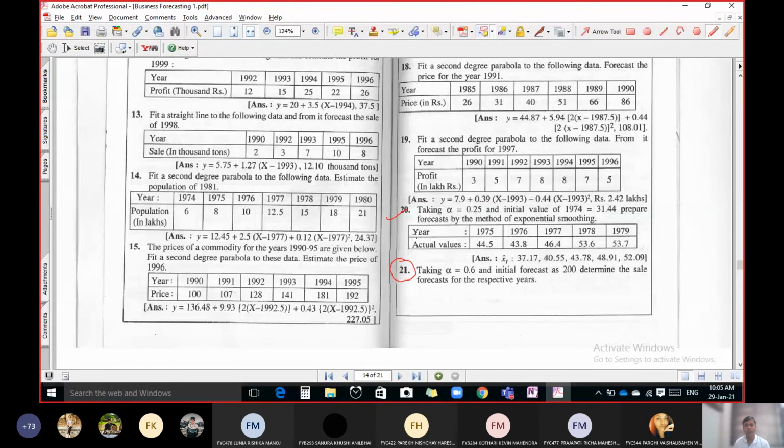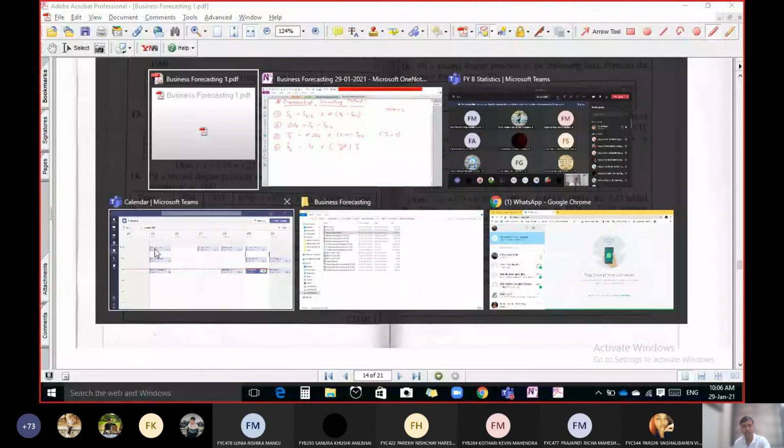Alpha is 0.25. Initial value for 1974 is 31.44. Prepare forecast by the method of exponential smoothing. Here the name of the method is not mentioned, but whenever there is alpha, you compulsorily have to use this method, the exponential smoothing method. So here alpha is 0.6 and initial forecast is 200.